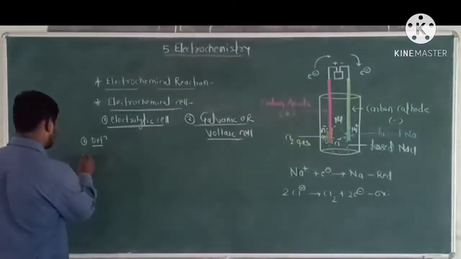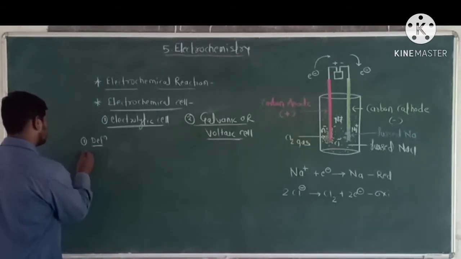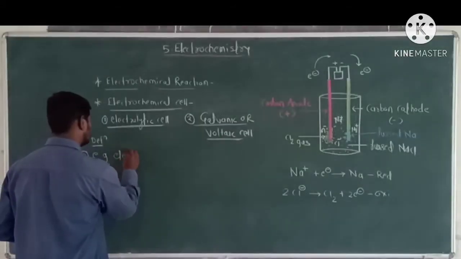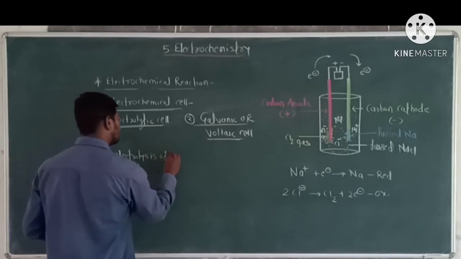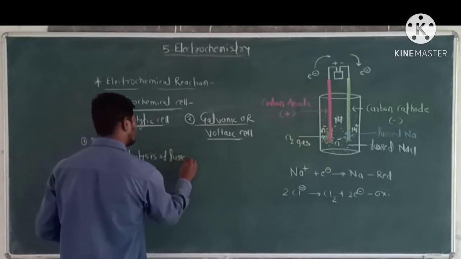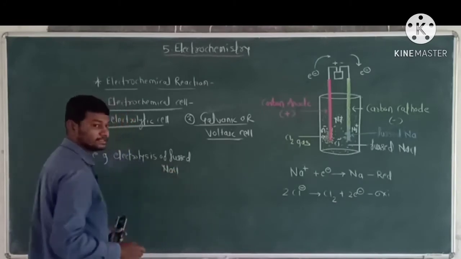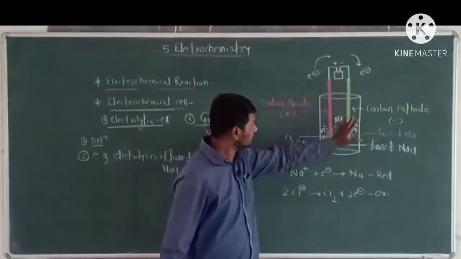For example, second point, electrolysis of fused or molten NaCl. Okay, now this is the electrochemical cell.